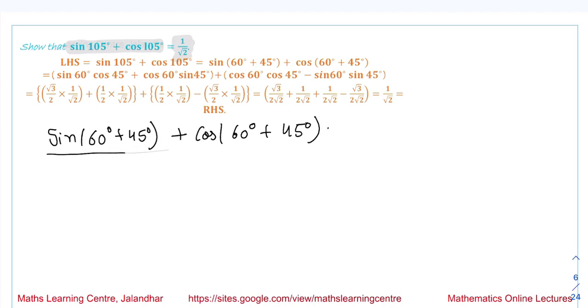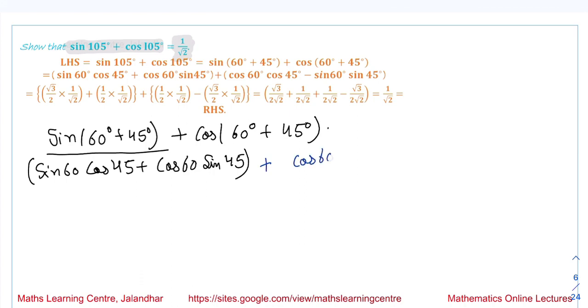We know the formula of sine theta plus phi, that is equal to sine theta cos phi plus cos theta sine phi. Next term will be plus cos theta cos phi minus sine theta sine phi.